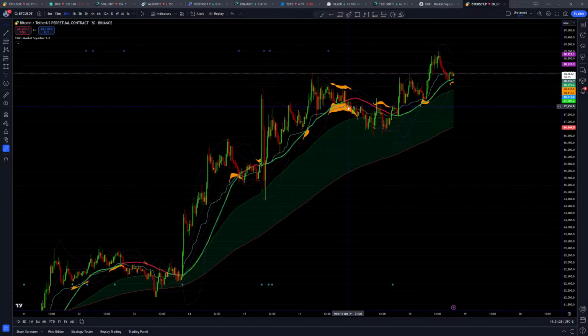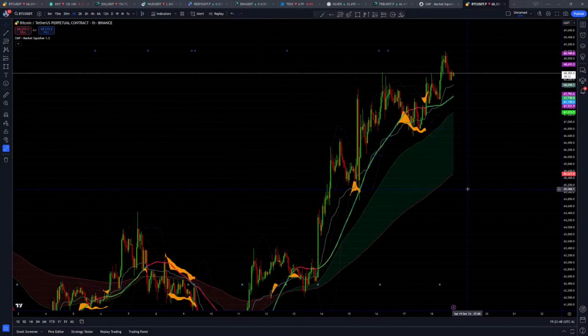If you're trading the 15-minute and the squeeze is going on and on, and you check the 30-minute and you've got a squeeze there, you're done trading the 15-minute. You have to wait until that 30-minute squeeze pops. Sometimes you can jump to the 4-hour or the 1 hour and you'll see squeezes even on that time frame.